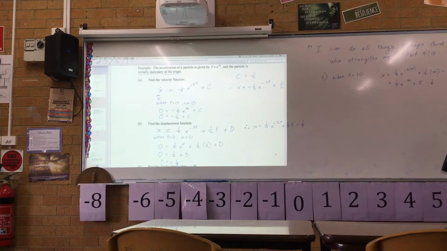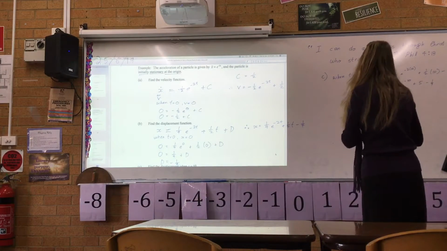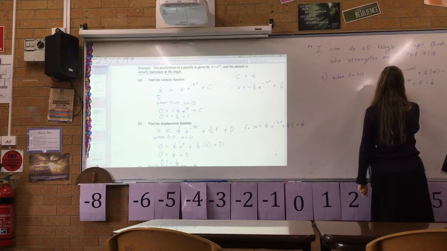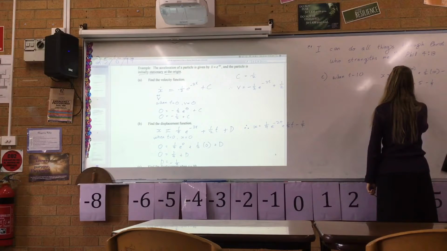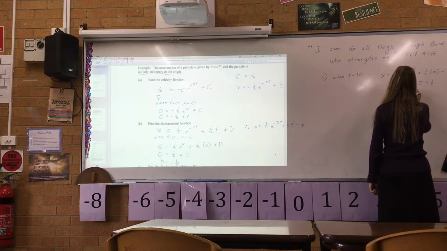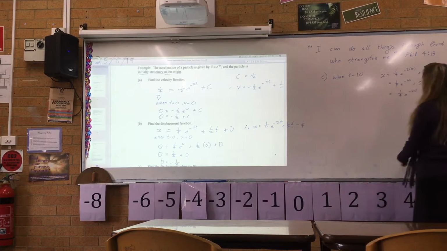I could simplify that. 5 minus a quarter is going to be 19 on 4, because 5 is 20 on 4, and 20 on 4 minus 1 over 4 is 19 on 4. So you have a quarter e to the minus 20 plus 19 on 4.